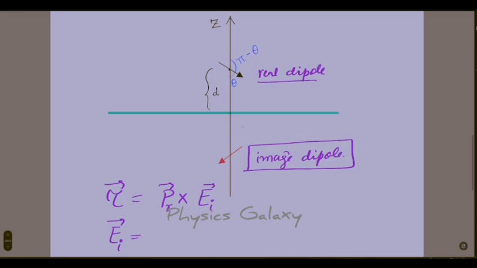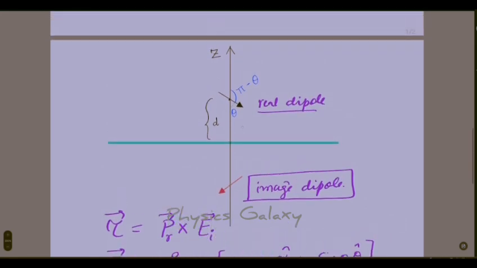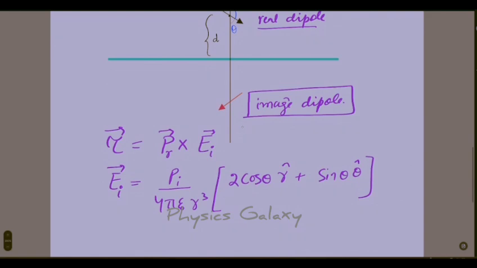The electric field due to the imaginary dipole will be simply P imaginary divided by 4 pi epsilon naught r cube times 2 cos theta r cap plus sin theta theta cap. Now the magnitude of the real dipole is equal to the magnitude of the image dipole, so we can omit the labeling.